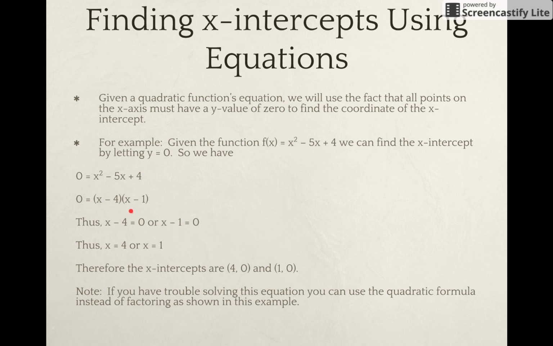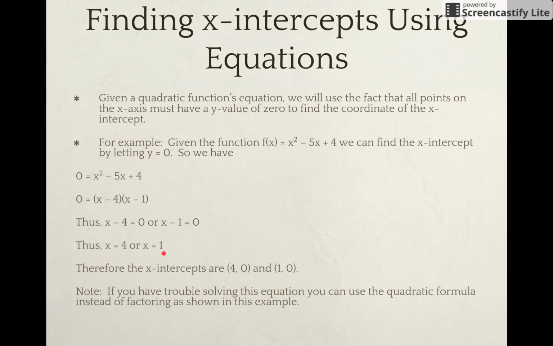And this implies that either x − 4 is 0 or x − 1 is 0. This implication is here because this is a multiplication statement between the two factors x − 4 and x − 1, and that product is equal to 0. So it must be that one of the factors is 0. This is known as the zero product property.